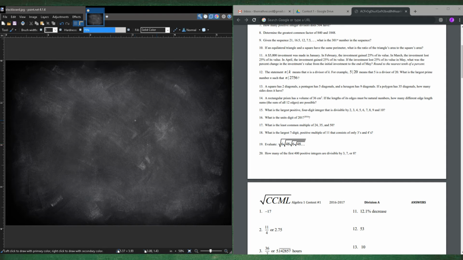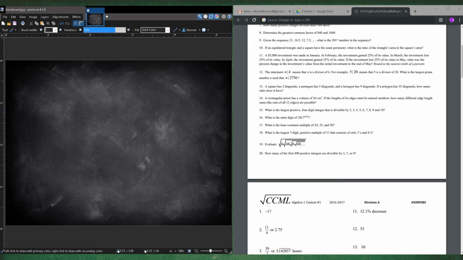Like 5 doesn't cycle because anything raised to a power is just gonna end in 5, or 6. Or 9, because it's 9, then 81, then 729, so it's 9, 1, 9, 1. But all the other ones go well. Also 1 raised to any power is just 1.